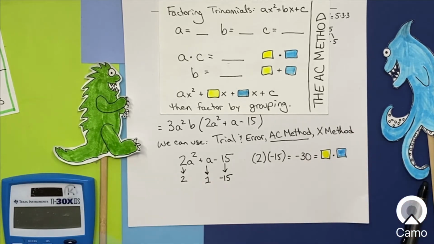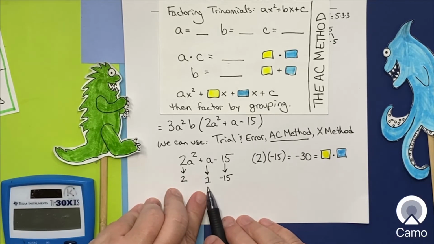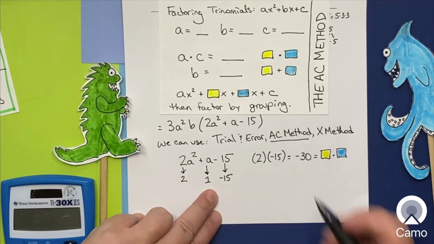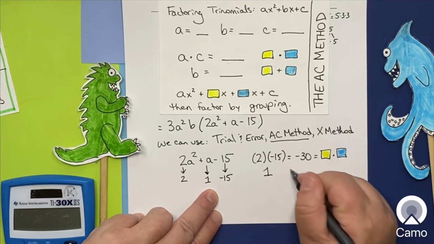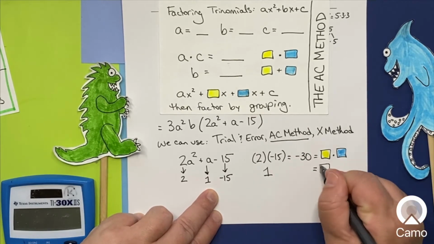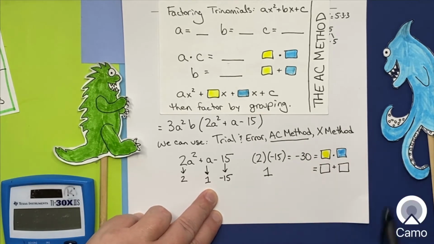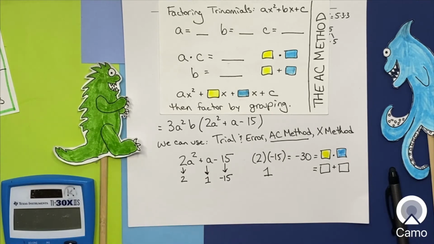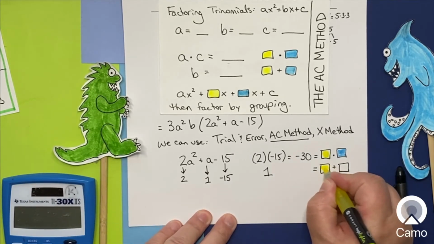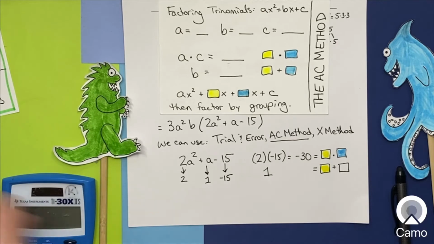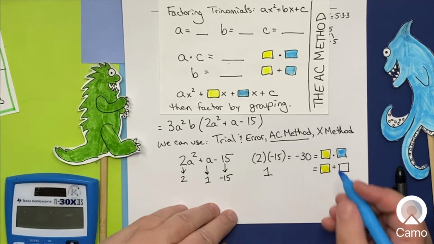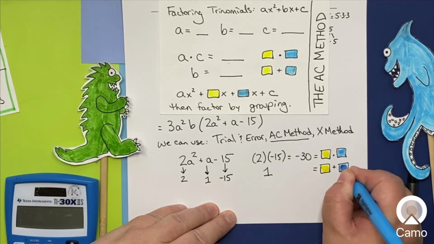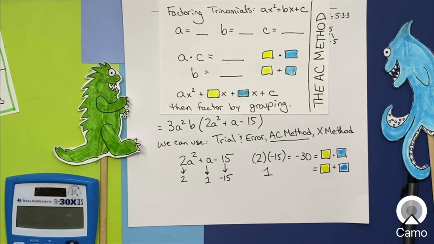Then I take the coefficient of the number in the middle, and that's supposed to be the sum of the 2 numbers. So we need 2 numbers that when added together gives 1, but when multiplied together gives negative 30. So that's the AC method written out.